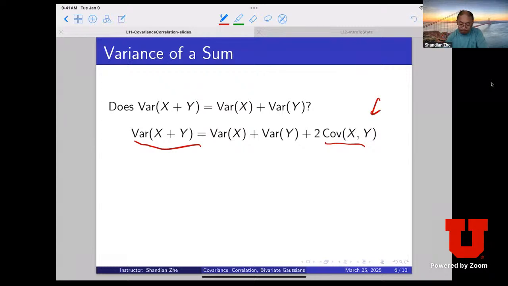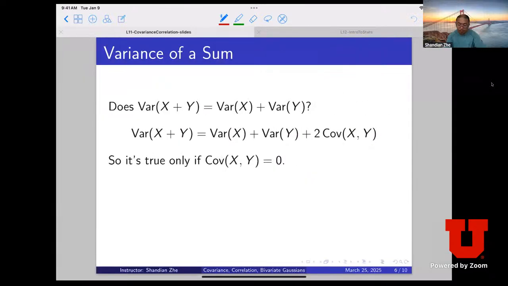Great. So when do we have the variance of x plus y equal to variance of x plus variance of y? We see that only when their covariance is 0. Could anyone think of when the covariance between x and y will be 0?